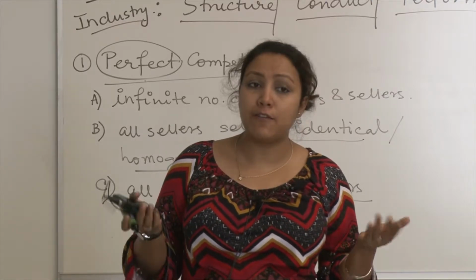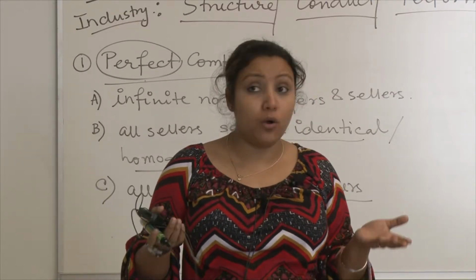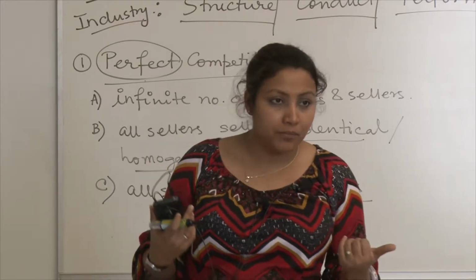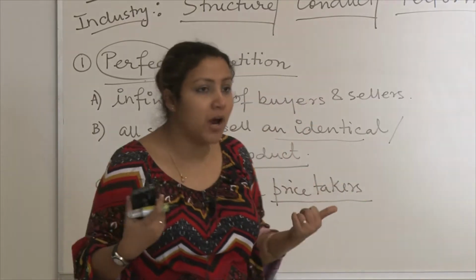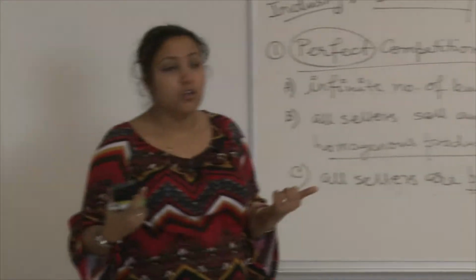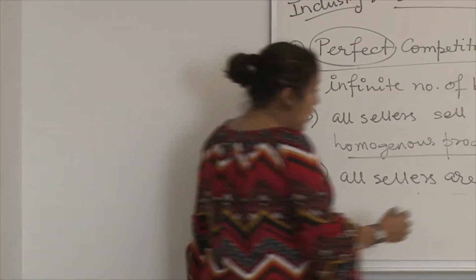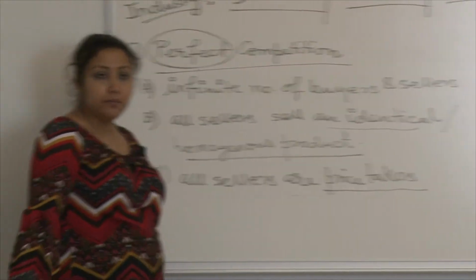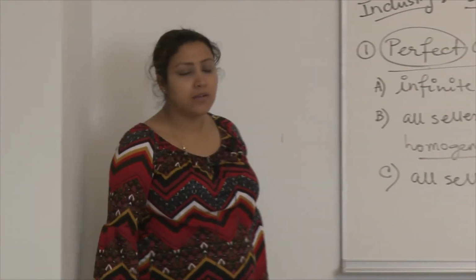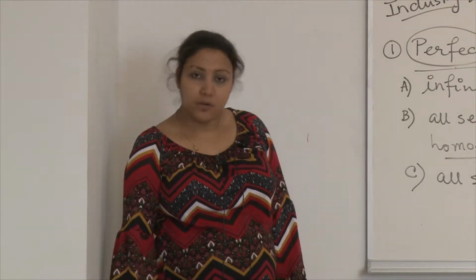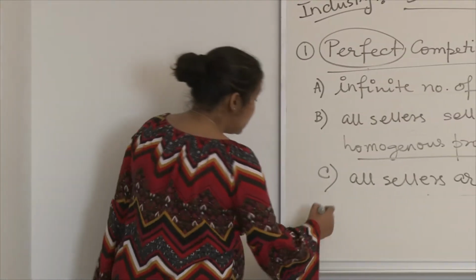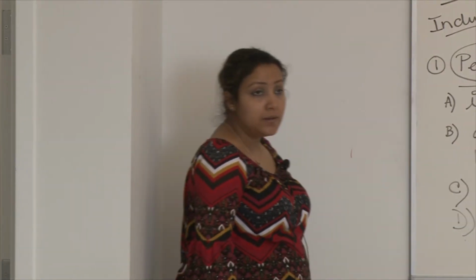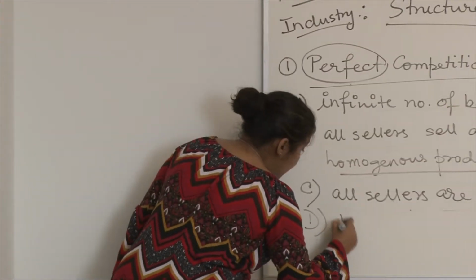They do not have any power to decide on the price, and hence they are all price takers. They have to take the price that is prevailing in the market. So can we say that they are price takers and there is a single price in the market? There is a fixed single price prevailing in the market. Okay? That's the next point. And the last and final point is that there is free entry.